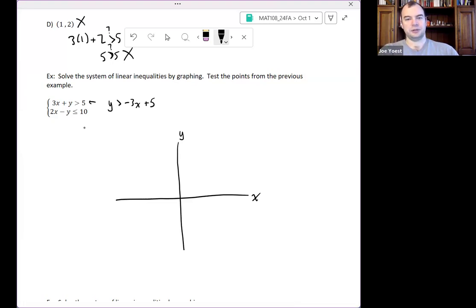So this line y equals negative 3x plus 5 would go through 0, comma 5, and say 1, comma 2. And so if I had the line y equals negative 3x plus 5, it would look like that.